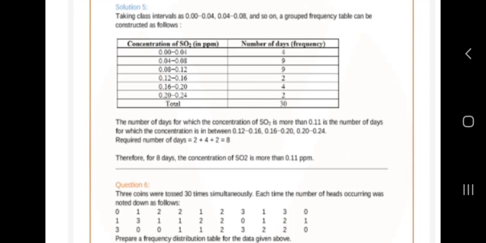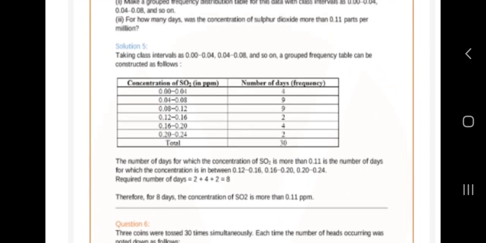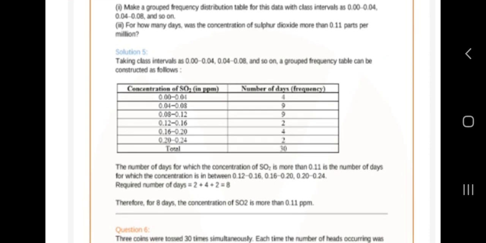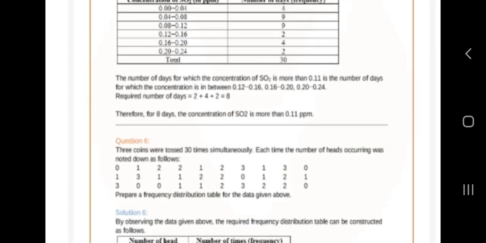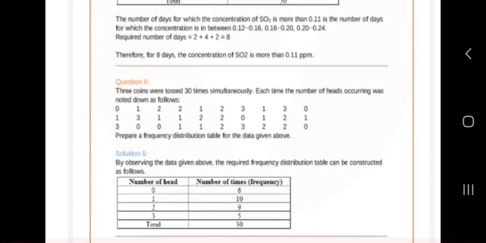We got 30 days in total. Therefore, for 8 days the SO2 concentration is more than 0.11 ppm, because the required number of days is 2 plus 4 plus 2, which is 8 days.